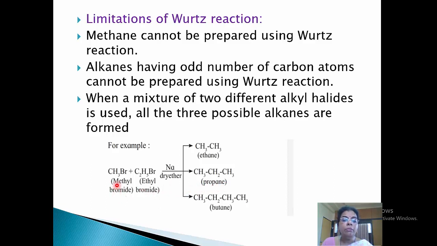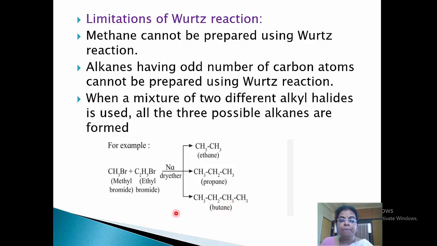But this methyl bromide can react with itself, that is a second molecule of methyl bromide, CH3Br plus sodium metal plus CH3Br, to form ethane. That is, here ethane is also obtained. Similarly, this ethyl bromide also reacts with a second molecule of ethyl bromide to form butane, that is CH3CH2CH2CH3.